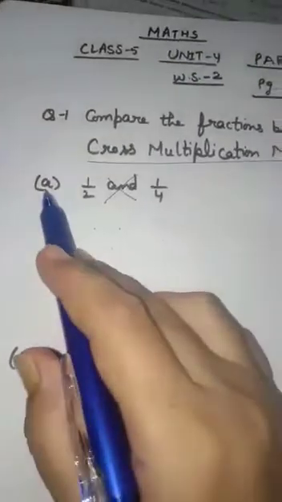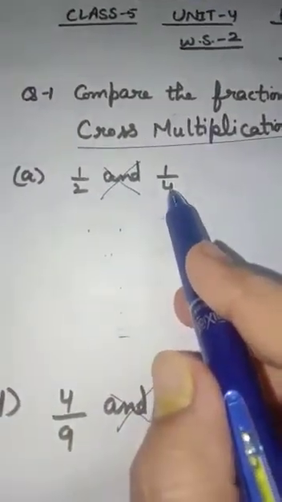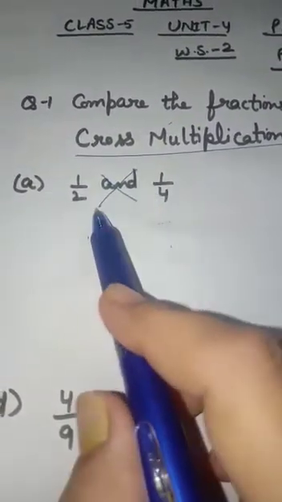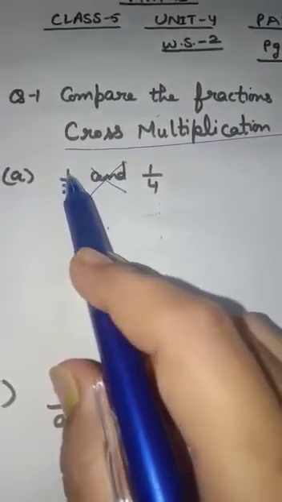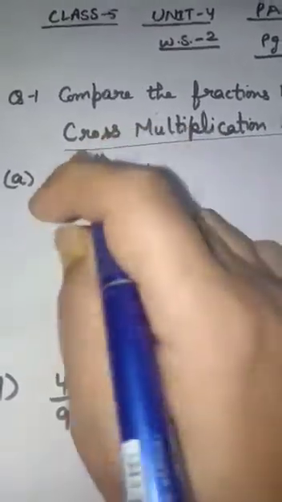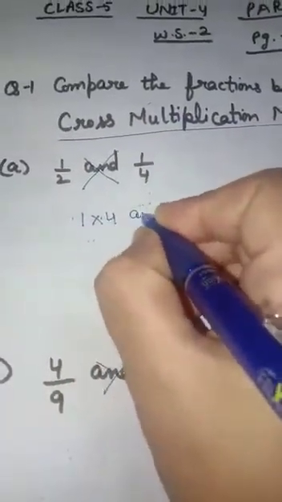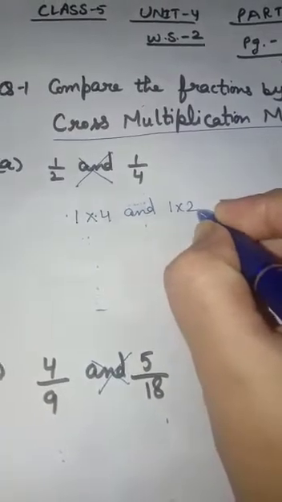A part, 1 by 2 and 1 by 4. To compare these two fractions by cross multiplication, first of all, put a cross in between them. Then, starting with the left top, the numerator of the left side fraction, 1, will be multiplied by this denominator 4. 1 multiplied by 4, and this numerator will be multiplied by this denominator, 1 multiplied by 2.